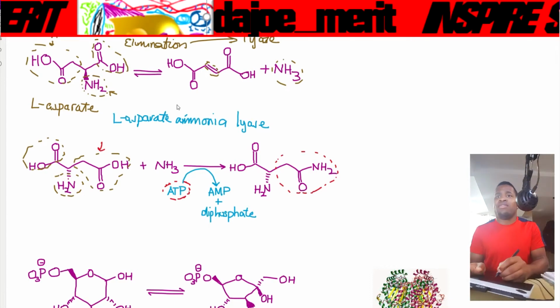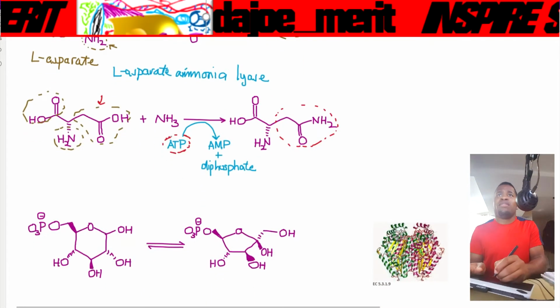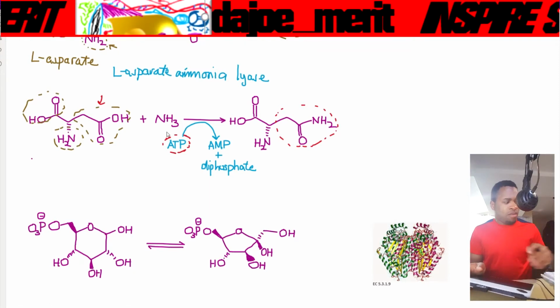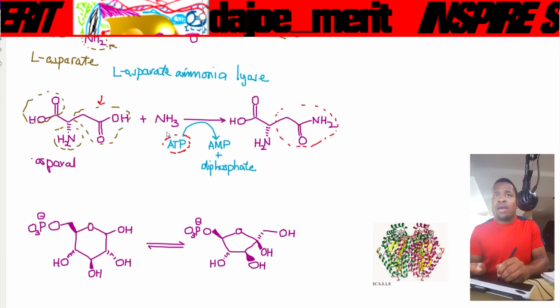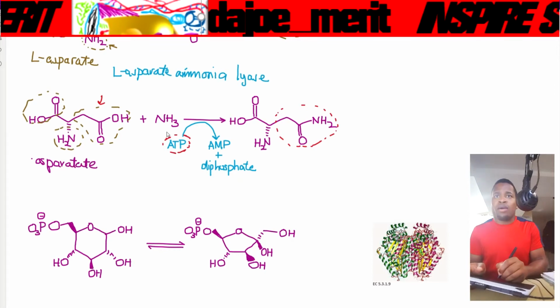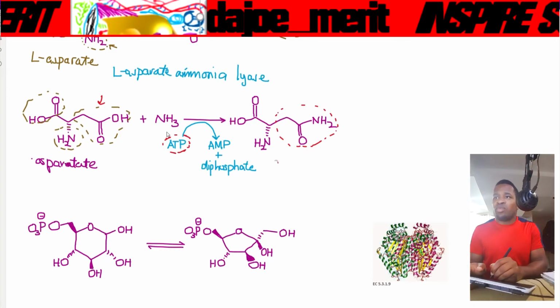So in this case, what you see is that there is a transformation. Let's put the name here of this from a well-known, I'll just put it here, to be called aspartate. You remove the A to the product, which is asparagine.